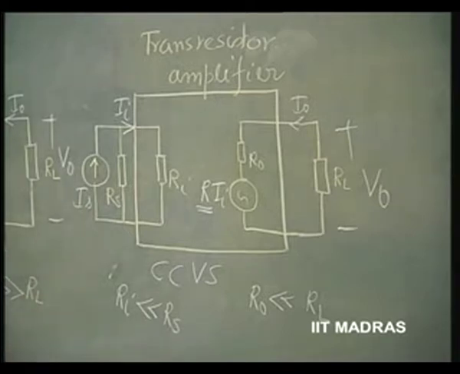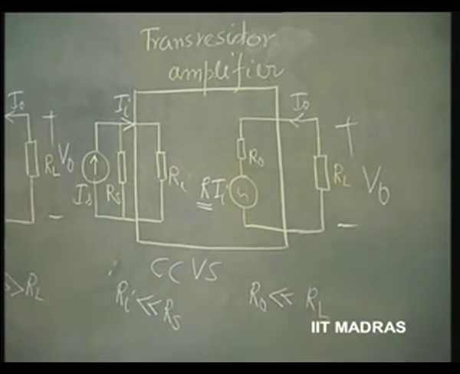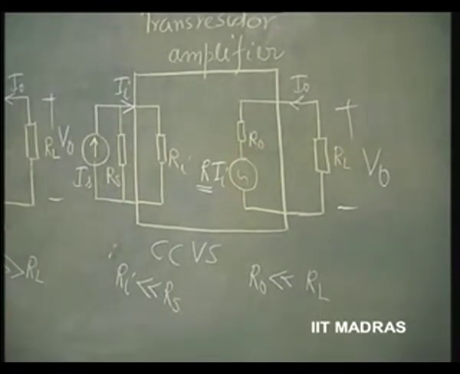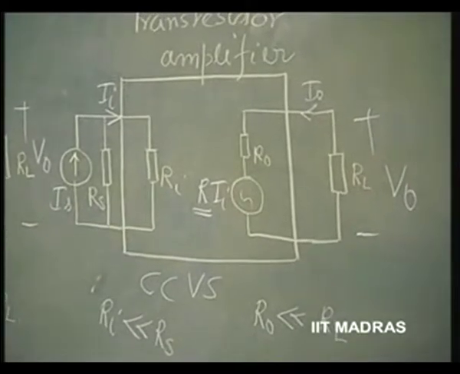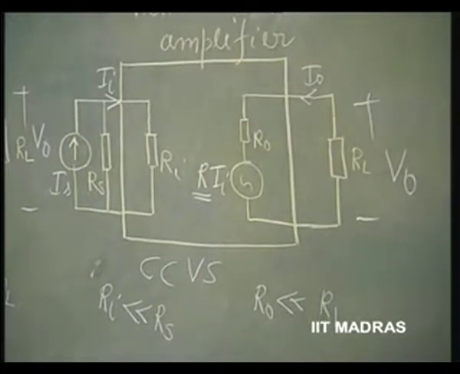And as I told you, this kind of trans resistor amplifier is not all that common practically. Most of the amplifiers which have been designed in present day are either going to be voltage controlled voltage sources or this transconductor type.